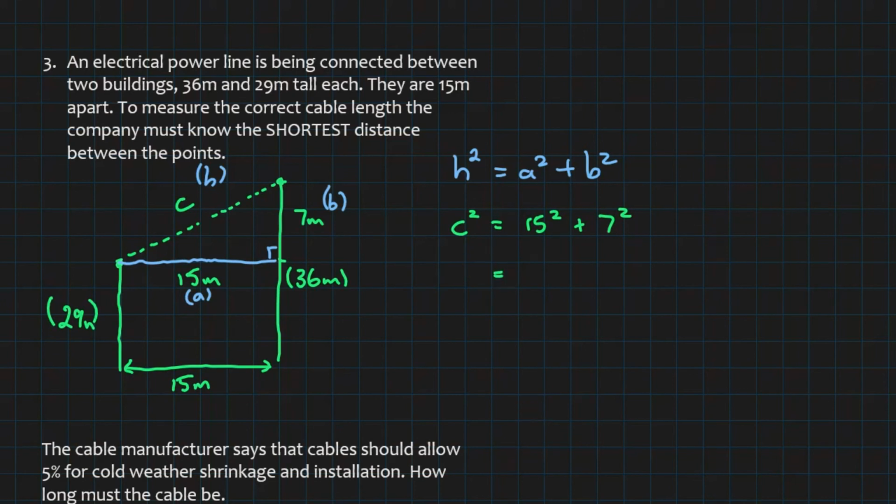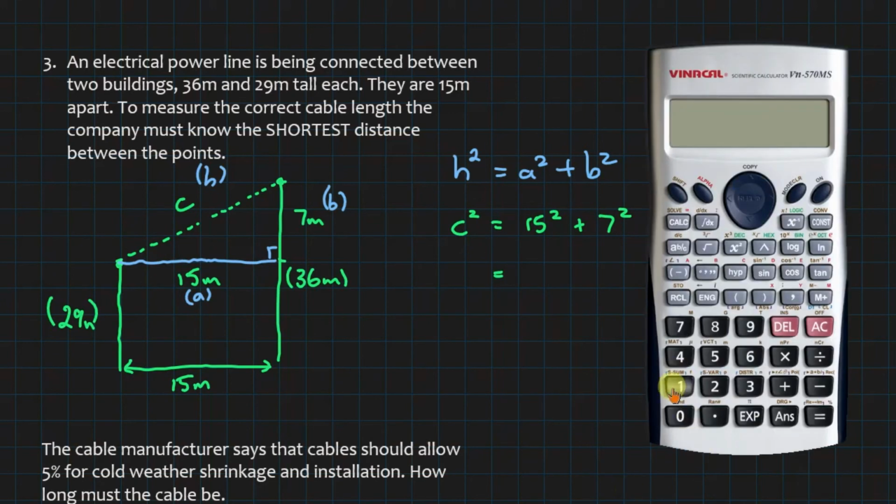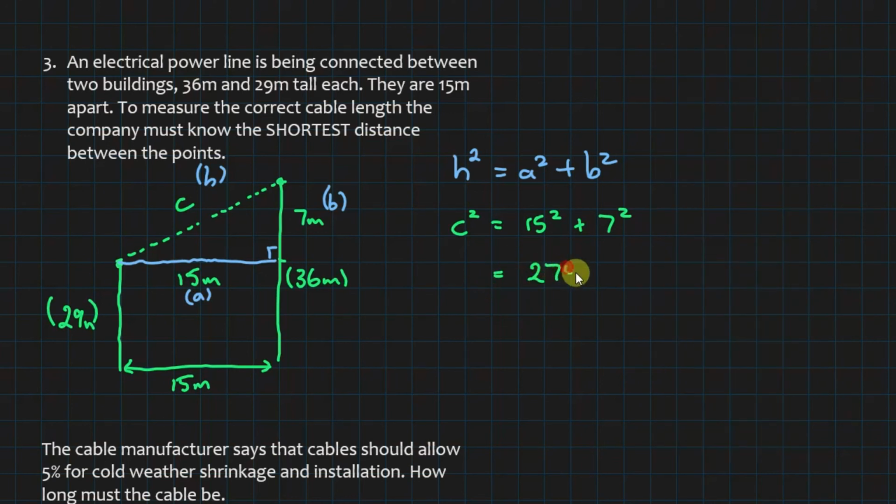Use the calculator to calculate the squares. 15 squared plus 7 squared, and that's 274. Hopefully you all get used to what happens next. I'm going to do the square root of both sides.